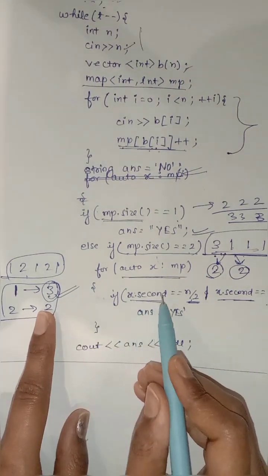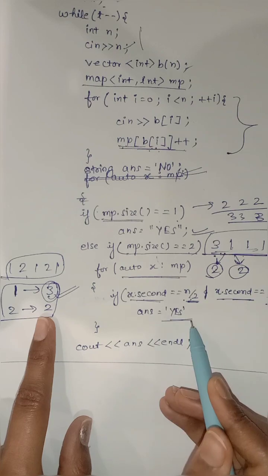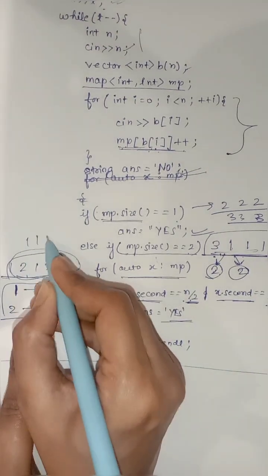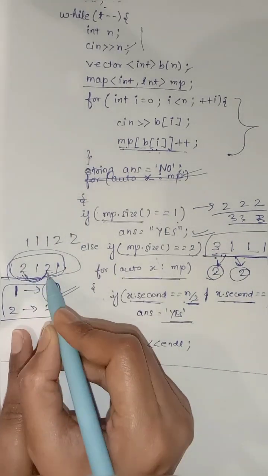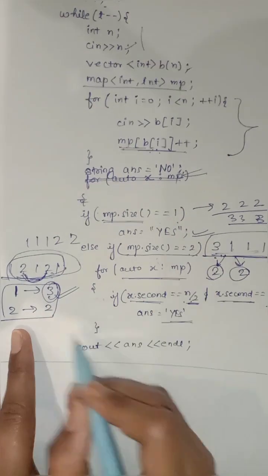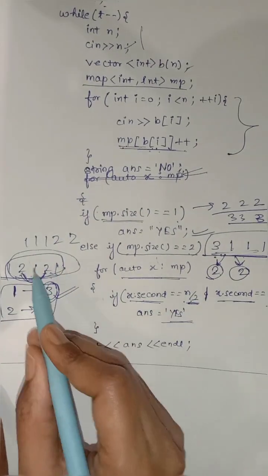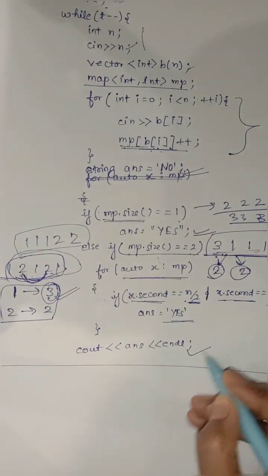Yes. So if this value is equal to either of these, we will say yes, it is a good array. It doesn't matter how the array looks, as long as the frequencies of these elements are right. We have two twos here and three ones here, so it's fine. It doesn't matter what the order of the elements is. So finally we will print this.